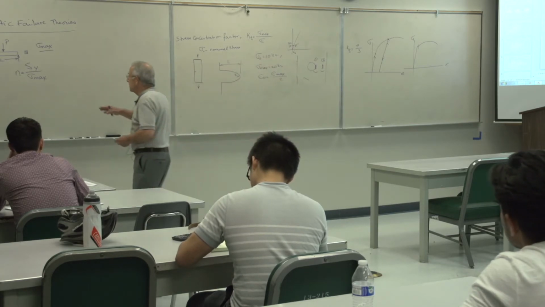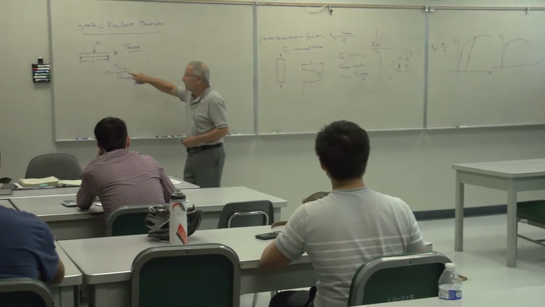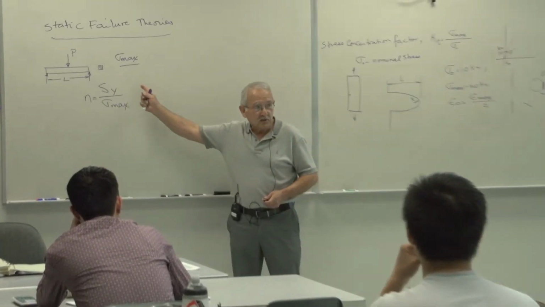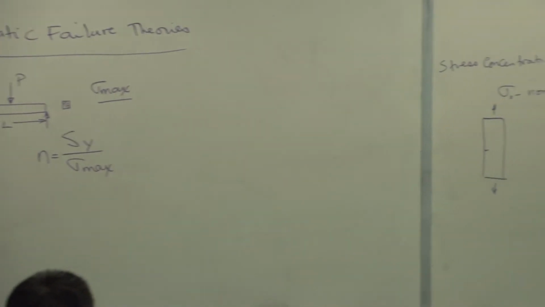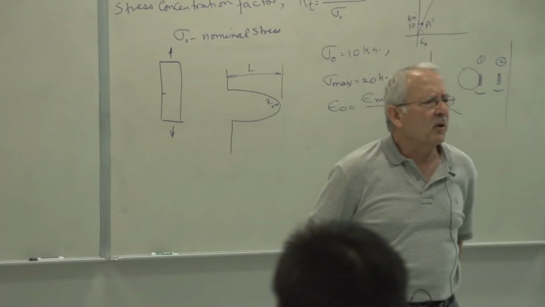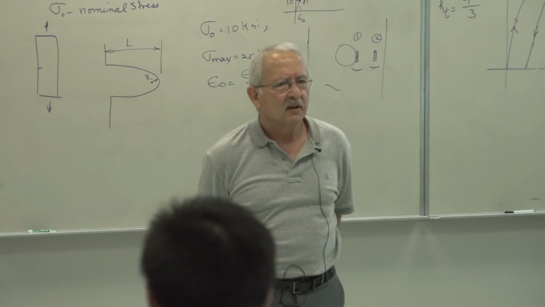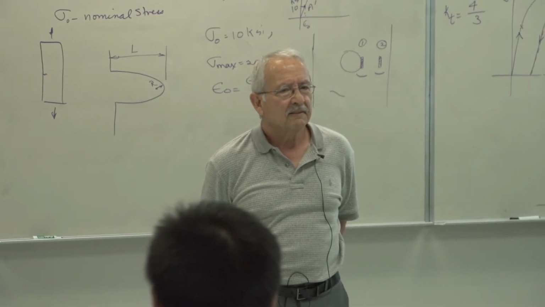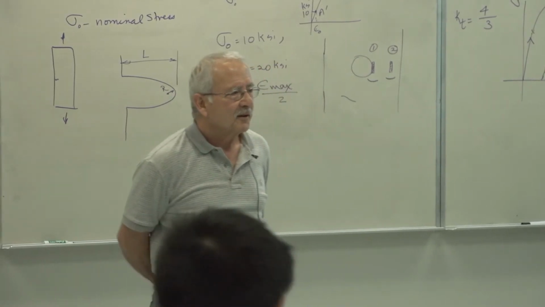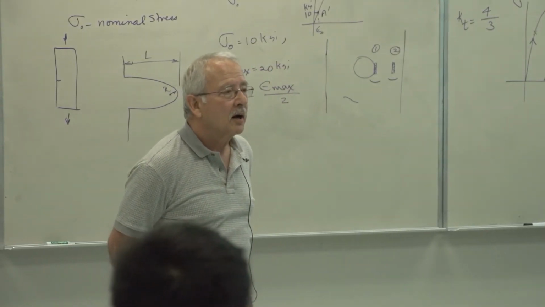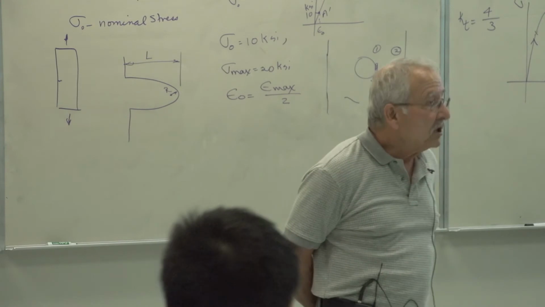You all did this, because when I wrote this, everybody said yes, yes, yes, yes. What is SY? Where does it come from? How do we get it? Through calculation? How? From testing. We get it from a test.